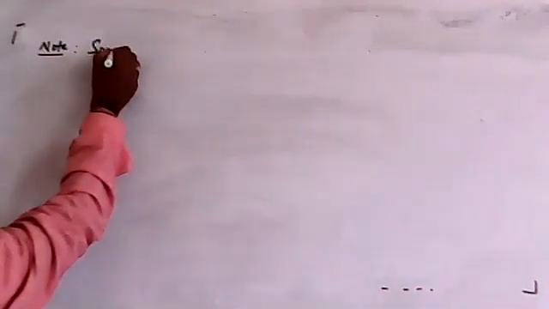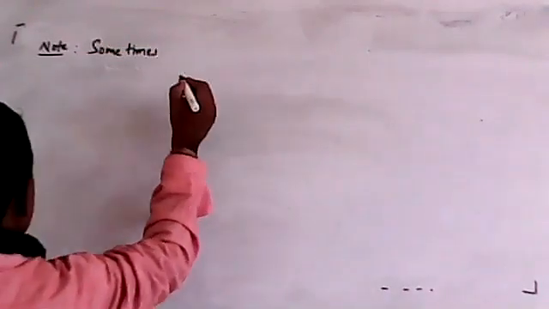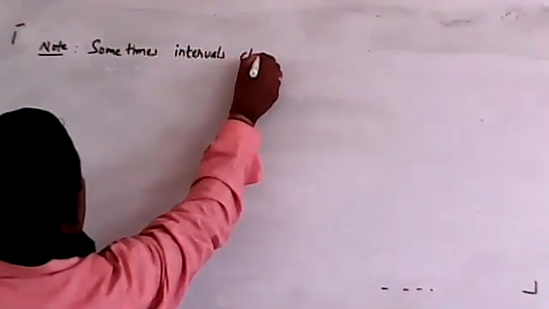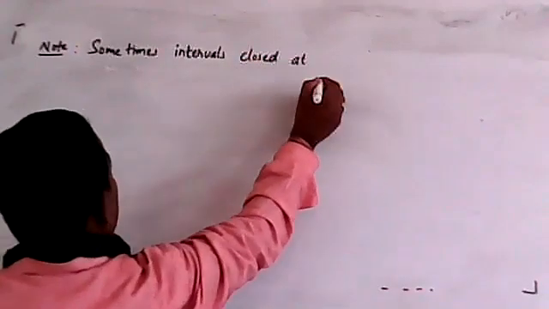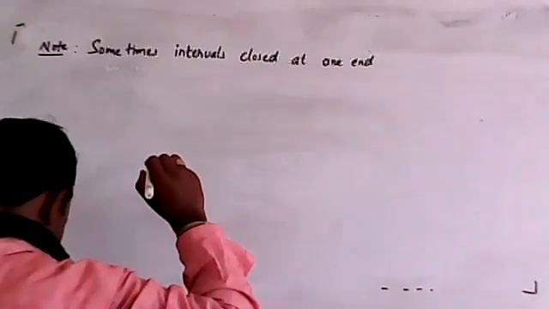Now we have understood what open intervals and closed intervals are. Sometimes what happens now? Just note this. Sometimes intervals are closed at one end and open at the other end.